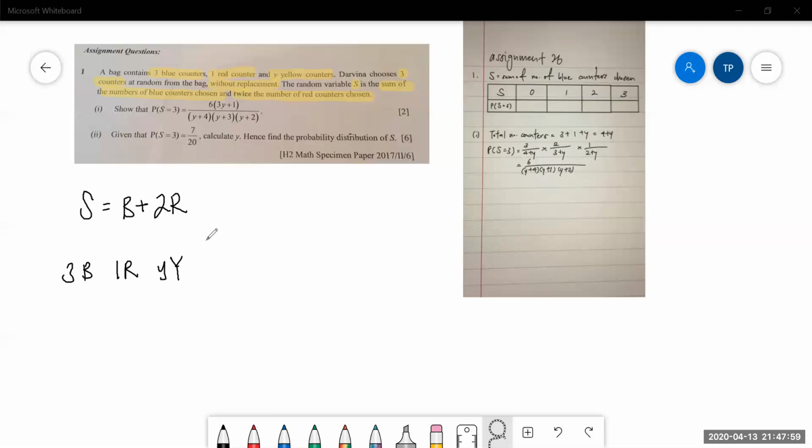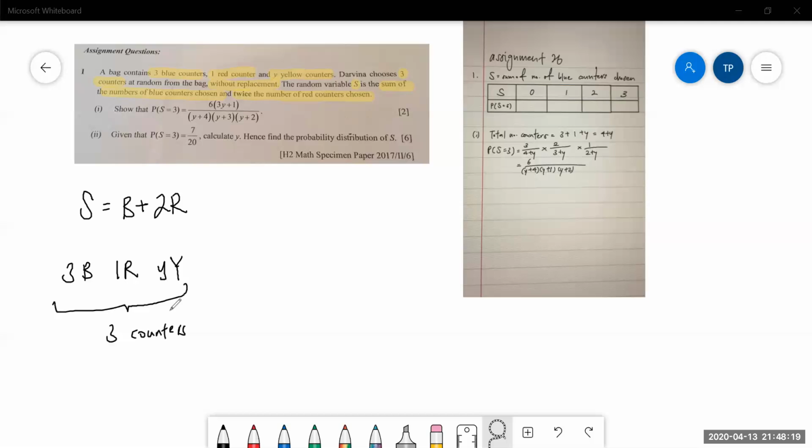Okay, so now we are going to choose 3 counters out of this. These 3 counters can be 3 blue, or just 2 blue and 1 red, or no blue at all but just red and yellow. I don't know how many yellows they have.